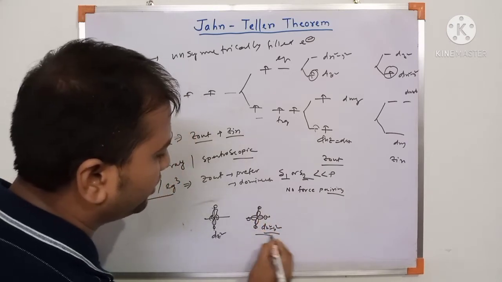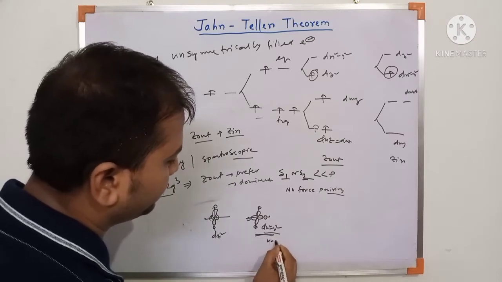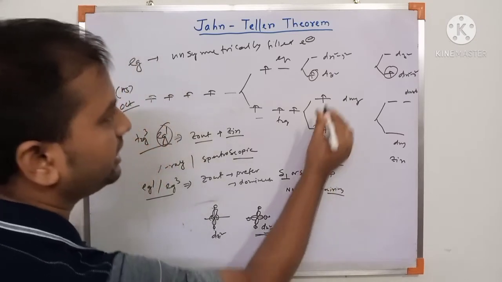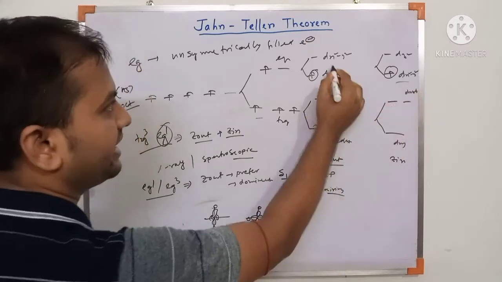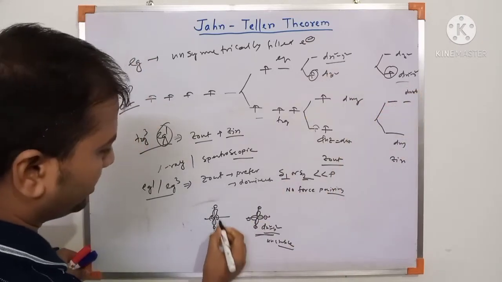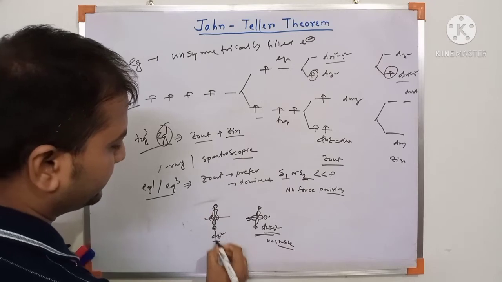So there is more interaction, more repulsion, so it is an unstable state. So dx square minus y square is unstable, a higher energy state, and dz square has two ligands interacting, so this is a stable state.